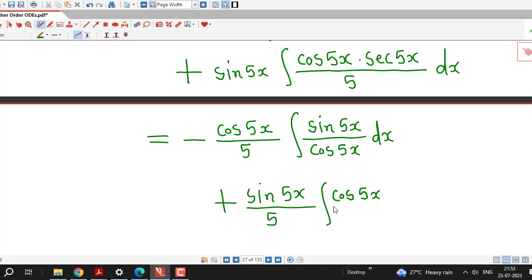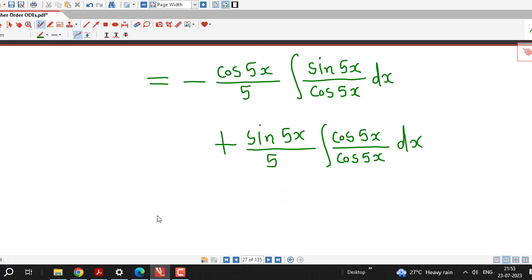So let me write one more step. We will have cos 5x into 1 over cos 5x, integral with respect to x, and this is equal to minus cos 5x divided by 5.